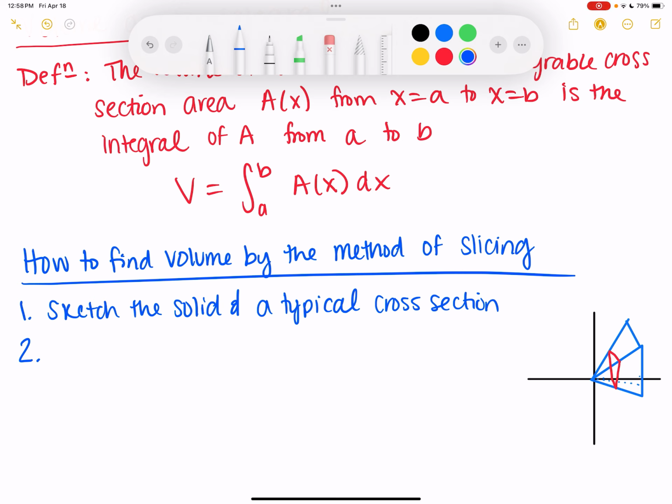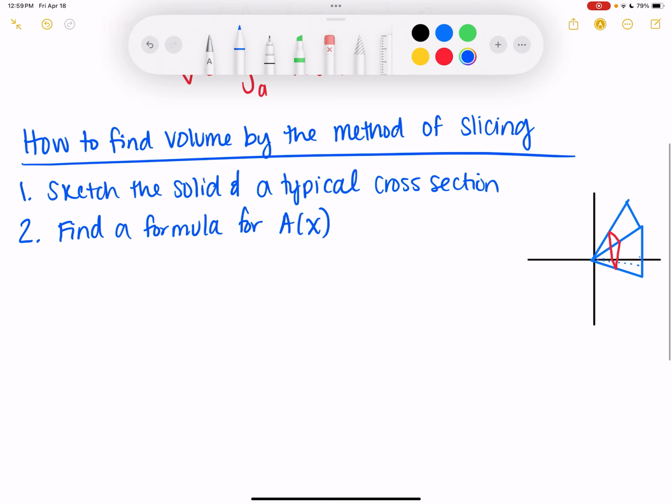So then we are going to find a formula for A of x. 3, find the limits of integration, so the a and the b.